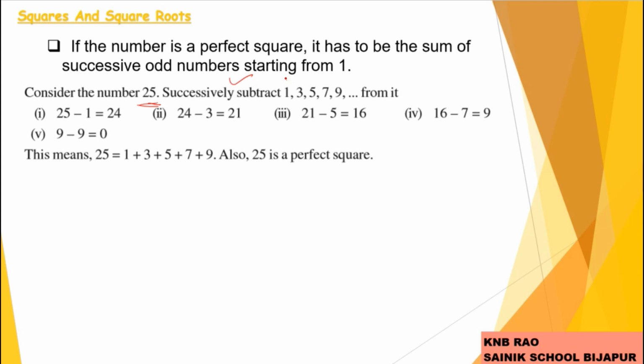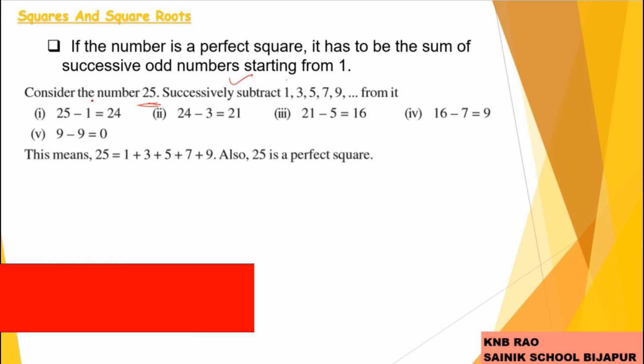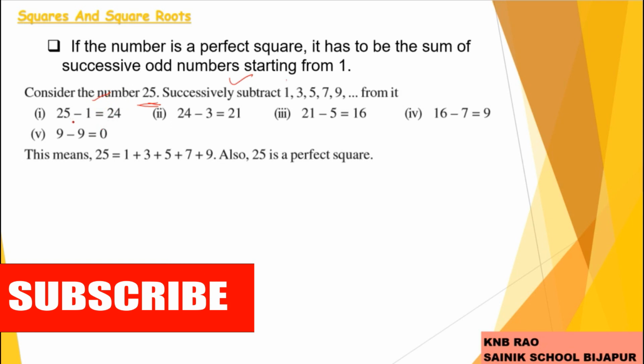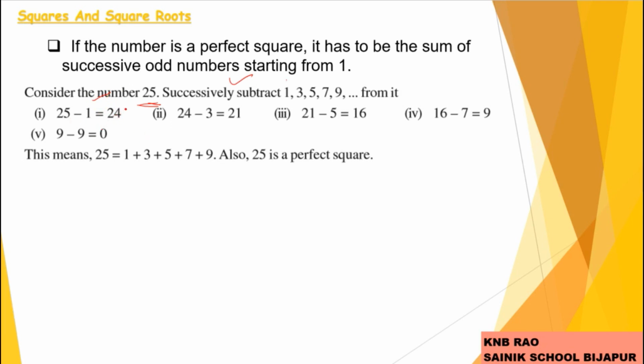First, I subtract the first odd number: 25 minus 1 gives 24. Next, from that difference 24, I subtract the second odd number, which gives 21. From this difference, I subtract 5, the third odd number, and I get 16.